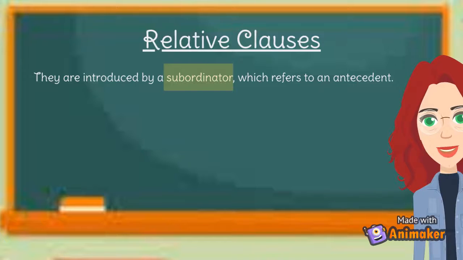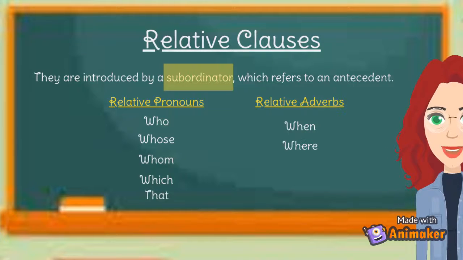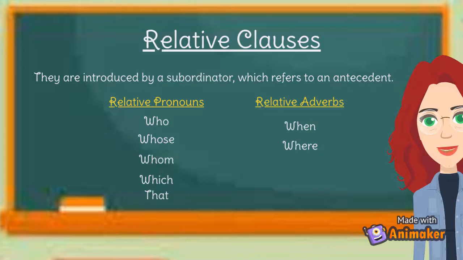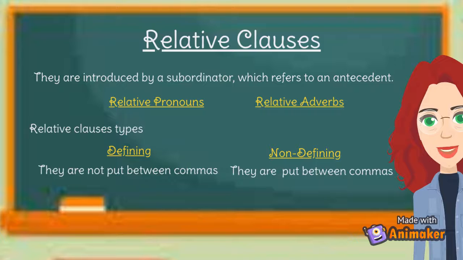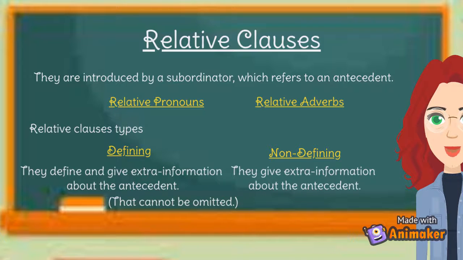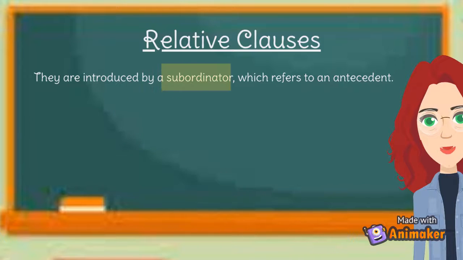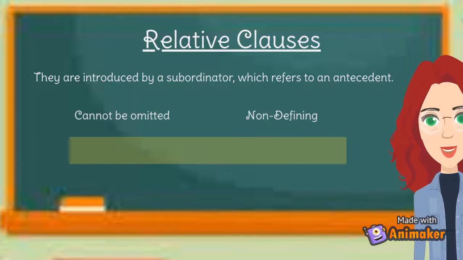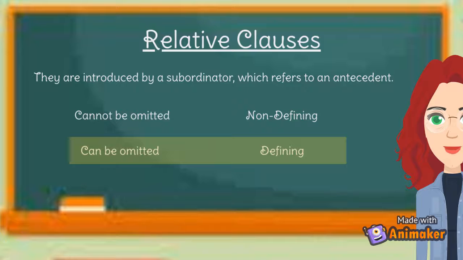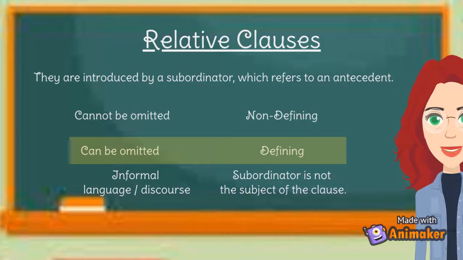That subordinator can be a relative pronoun or a relative adverb. Relative clauses can be defining or non-defining, depending on the punctuation and the context. You also need to remember that subordinators cannot be omitted in non-defining relative clauses, but they can be in defining clauses, just in informal language or when the subordinator is not the subject of the clause.